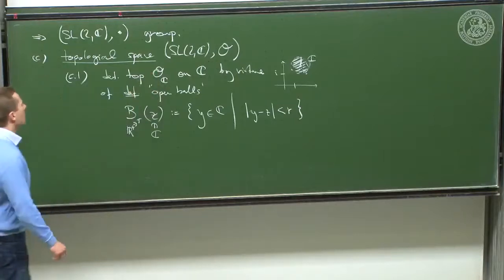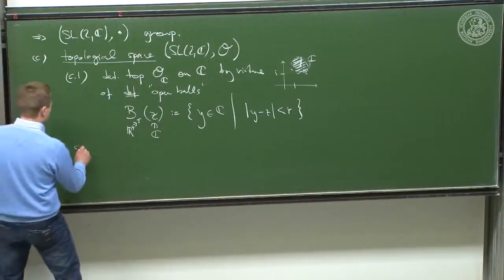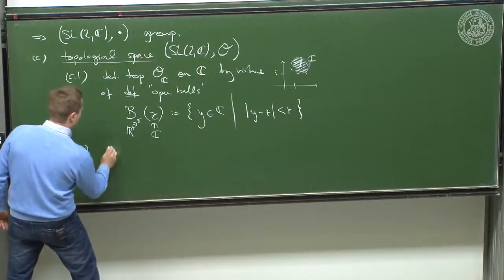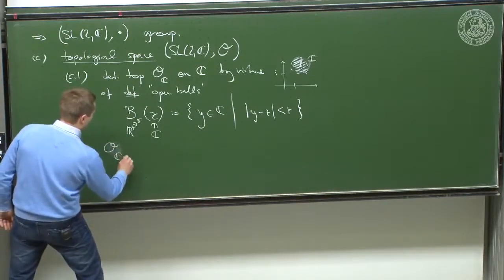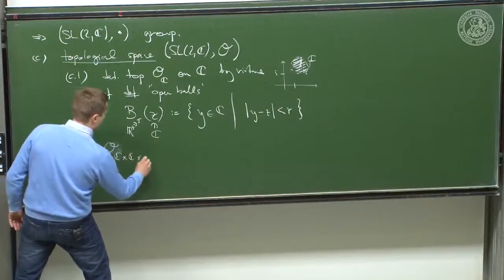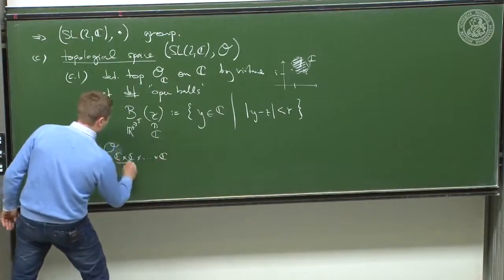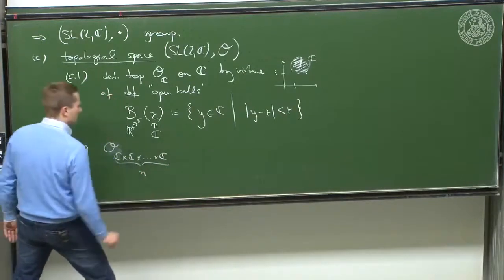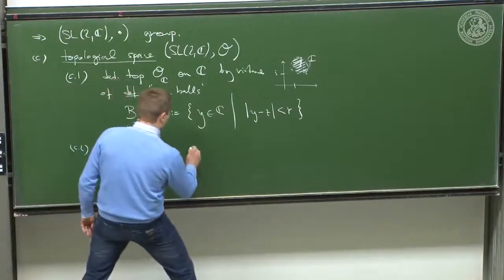So we have this on C, but then very quickly, of course, if we have it on C, then we can define a topology on a finite Cartesian product, so on Cn, as the product topology.